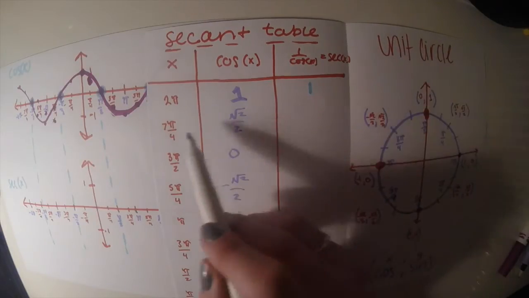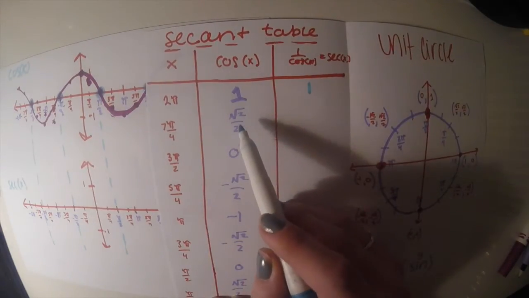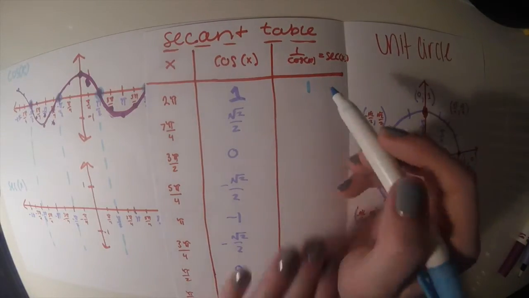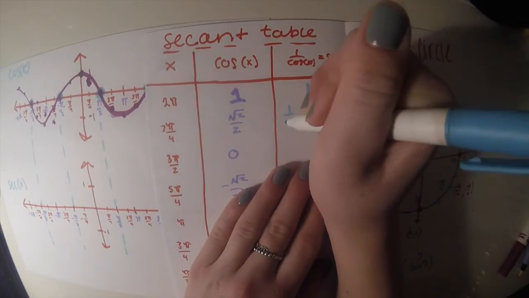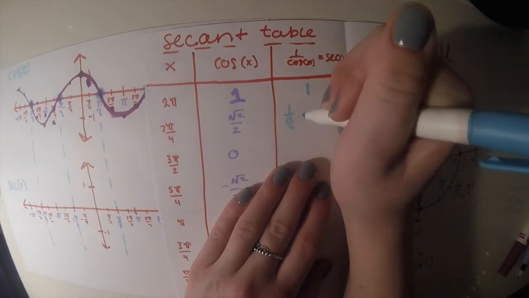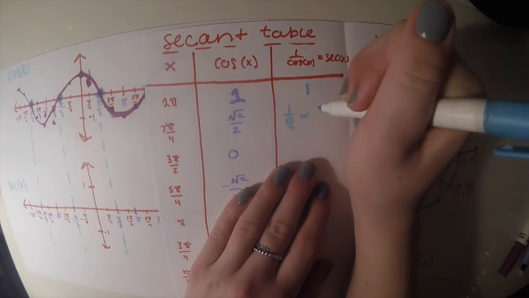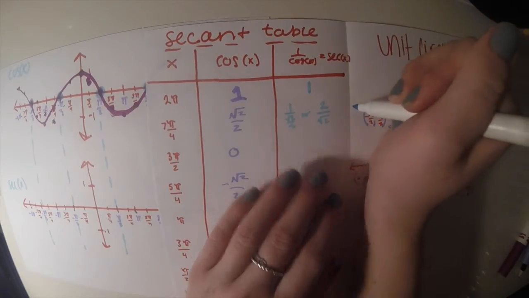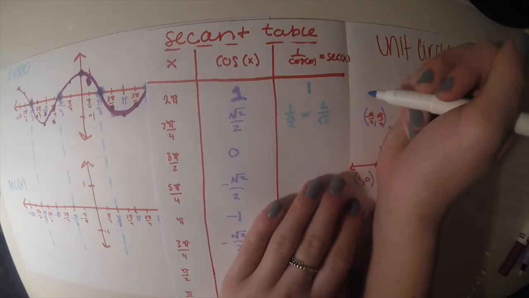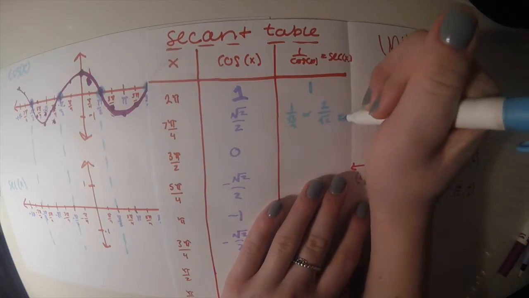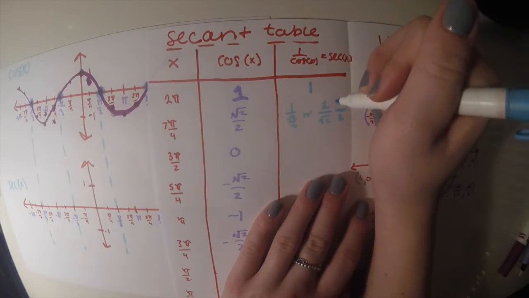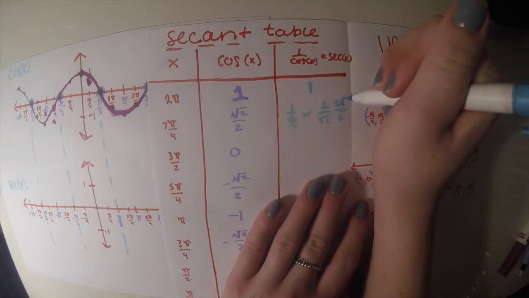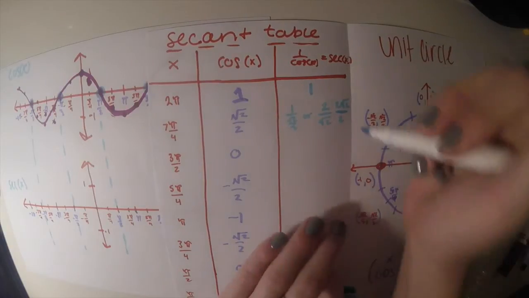The next one is going to be 1 over radical 2 over 2, which is 2 over radical 2, or just to simplify it, 2 radical 2 over 2. So that's our final right there.